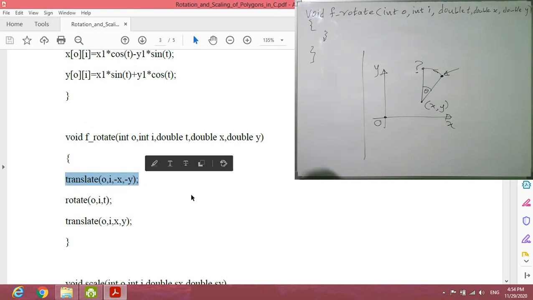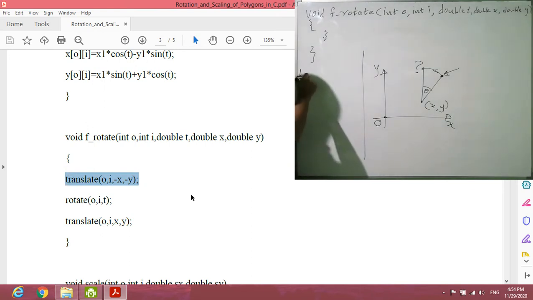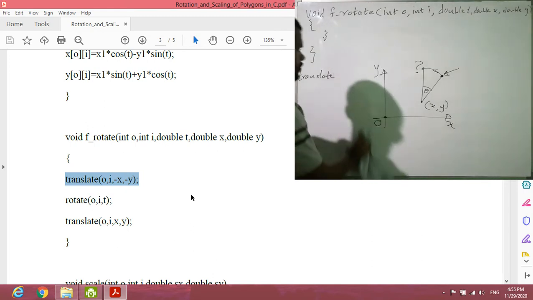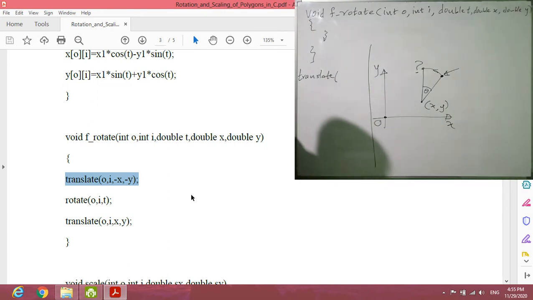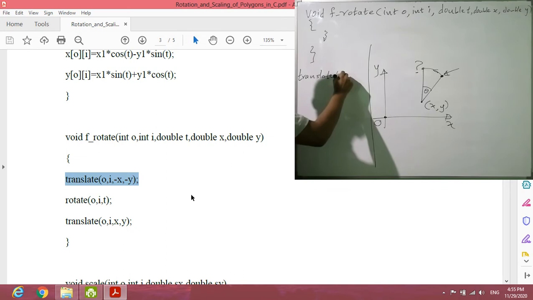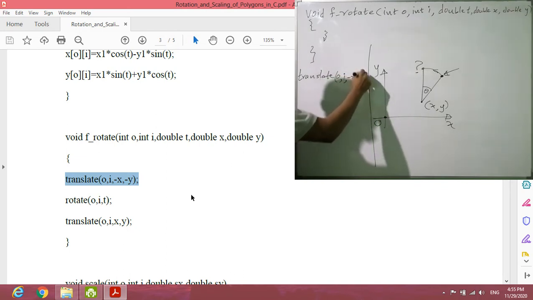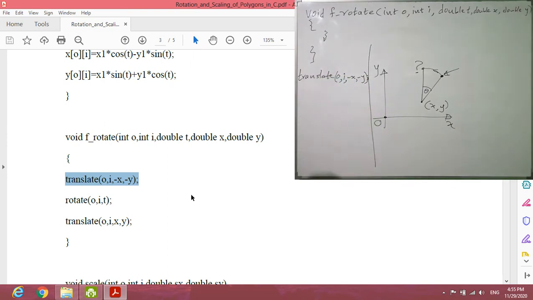First we translate o comma I by minus x, minus y.